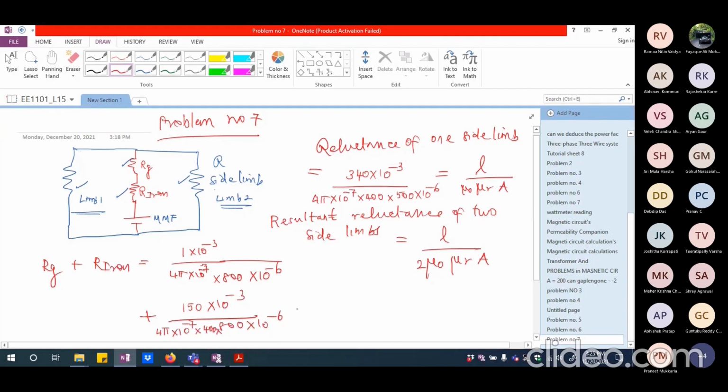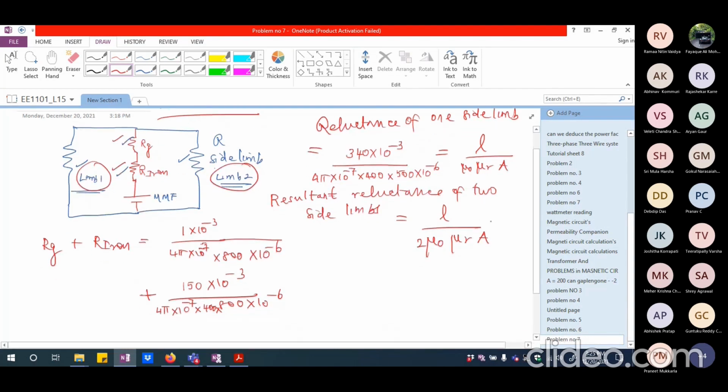This is going to be the total reluctance of whatever is the main limb or the middle limb. So this is the reluctance of the middle limb. This is what we just tried to calculate, and the parallel combination of limb 1 and limb 2, that reluctance is this.